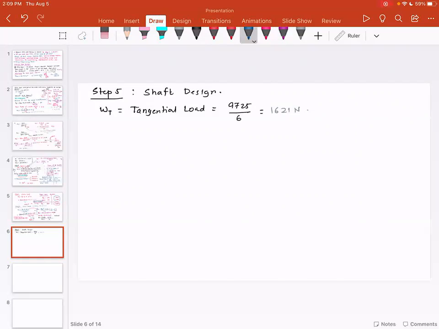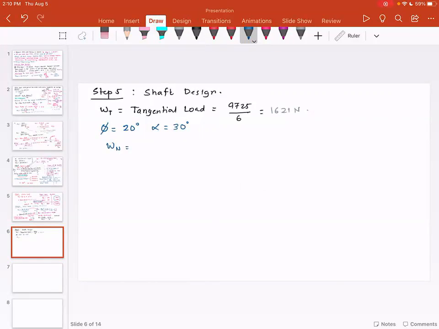So first and foremost, let's identify what the pressure angle is. Pressure angle is 20 degrees. And then what is the helix angle? Helix angle is alpha, which is 30 degrees. So we want to find out the values of Wn.